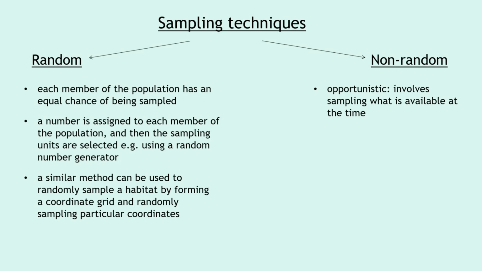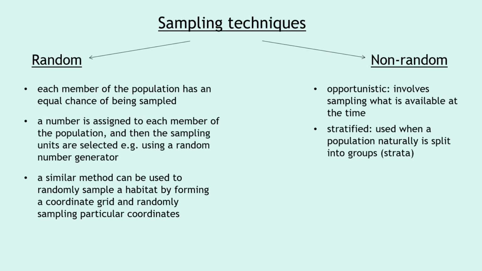That is of course very biased, and it still unfortunately happens in science even nowadays. Anyway, the other type is stratified, and this is when your population naturally falls into categories, groups that we call strata. This could be age or gender or size maybe, and so you have to do a bit of calculation here.